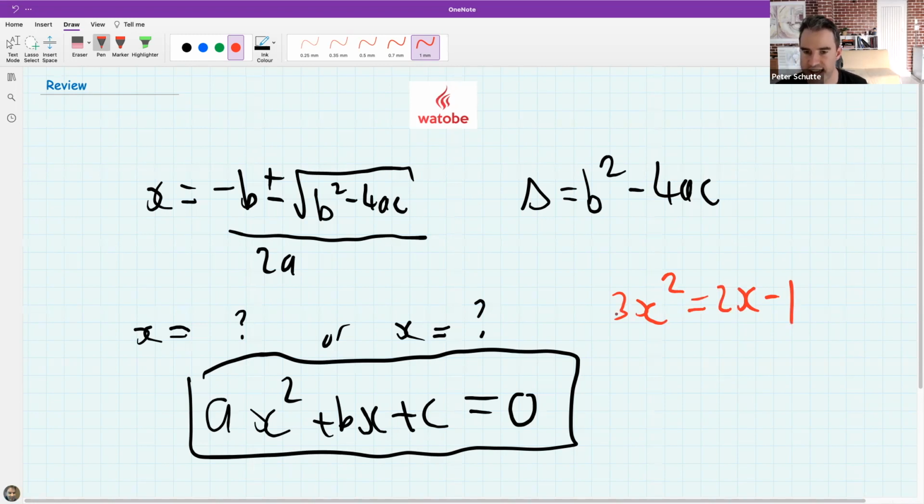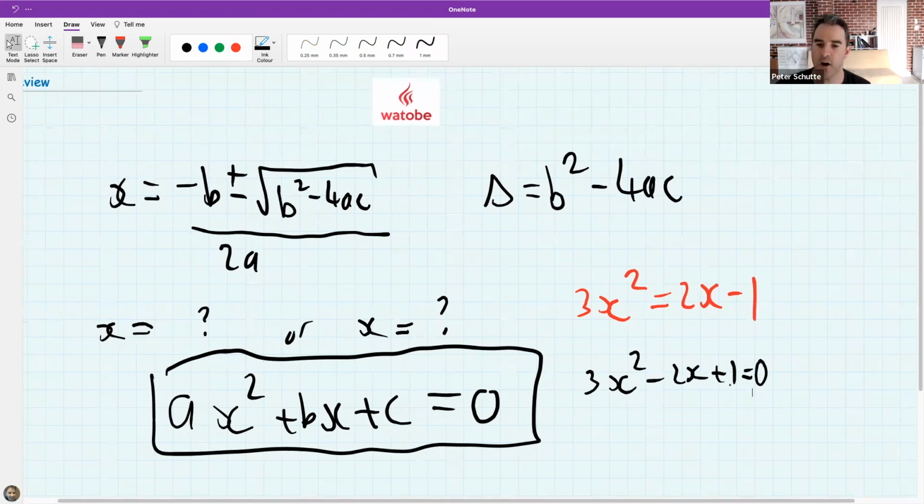If you used A as 3, B as 2, and C as -1, things would not go well for you. What you need to do is move everything to one side. And now you can use 3 as A, B as -2 and C as 1, and then you can apply the quadratic formula.